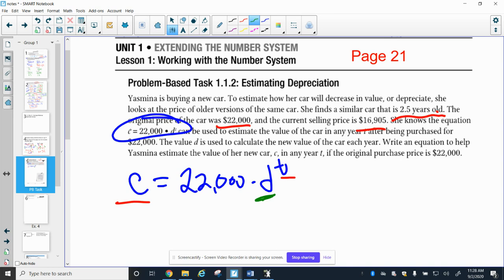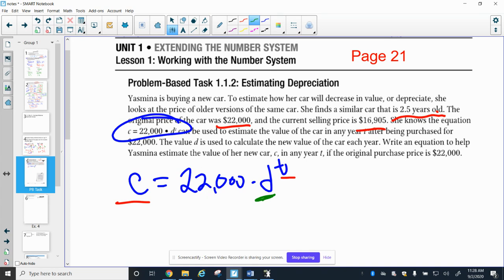C represents the current value. D represents what we're trying to find, the rate of depreciation, and T is the years that have passed. So 22,000 represents the initial value.